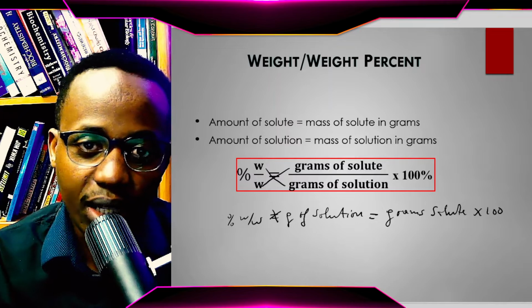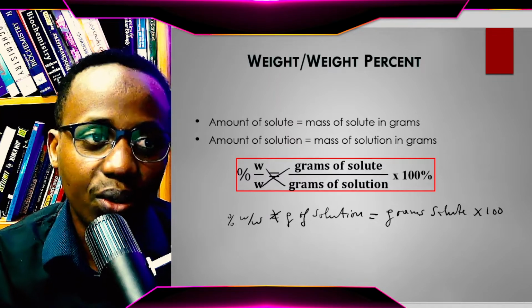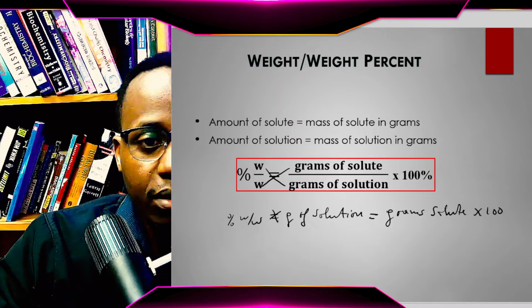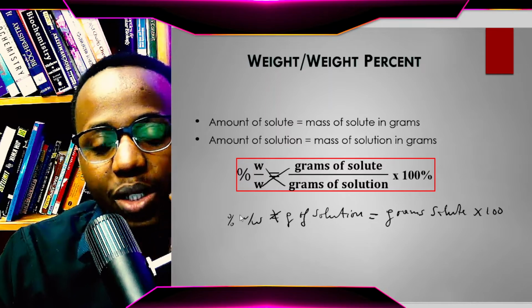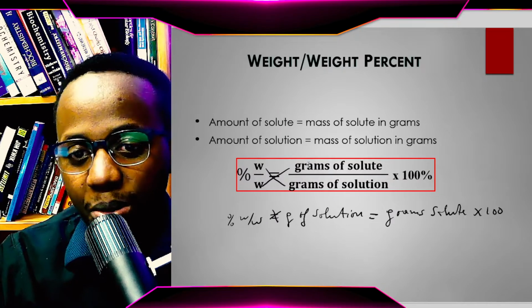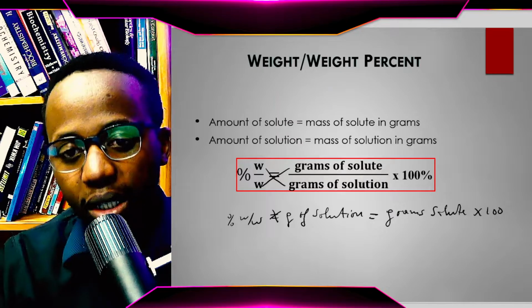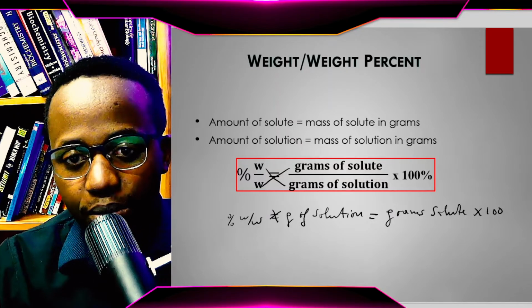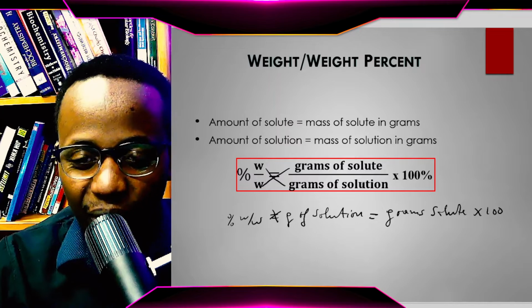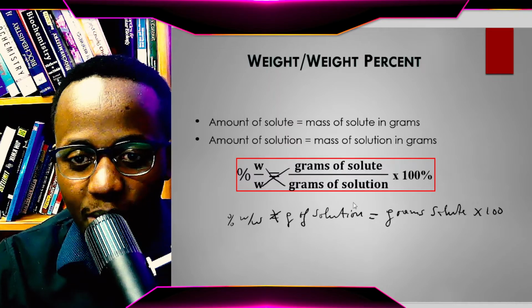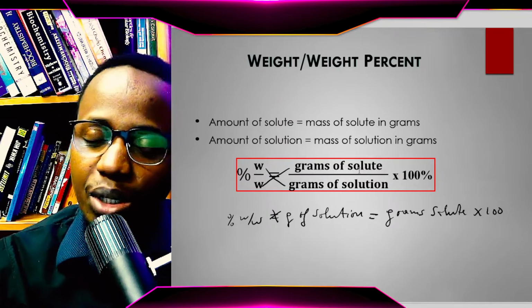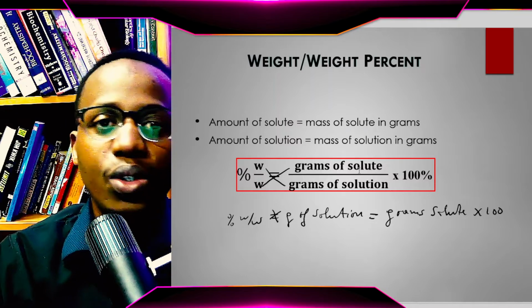All right, so let's go to the next one. The next one is still the same thing. So let me explain why we need these next ones. You have weight per weight percent, which is okay, but if you have something that's very, very small, so if the solute is really small and the solution is really, really big, like I was saying, maybe the grams of mercury in a whole river or in a whole lake, even if you take this really small number over this really big number times 100, the weight per weight percent is still going to be 0.000000000 something.